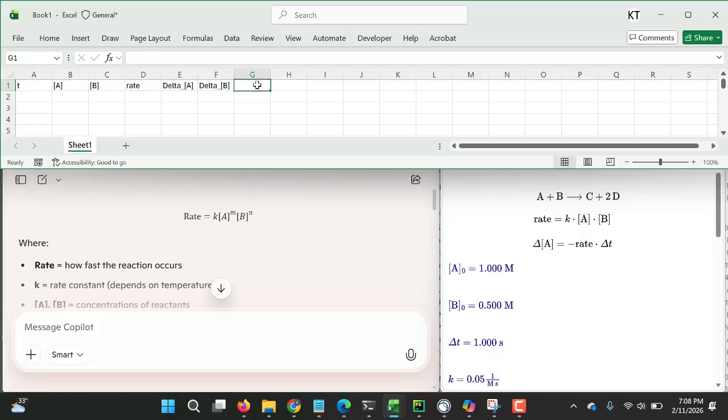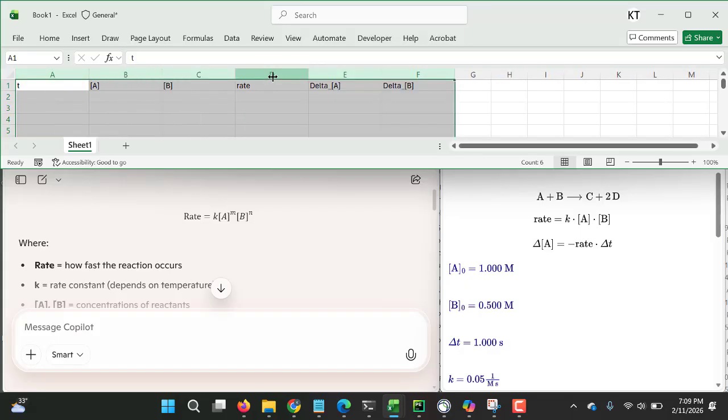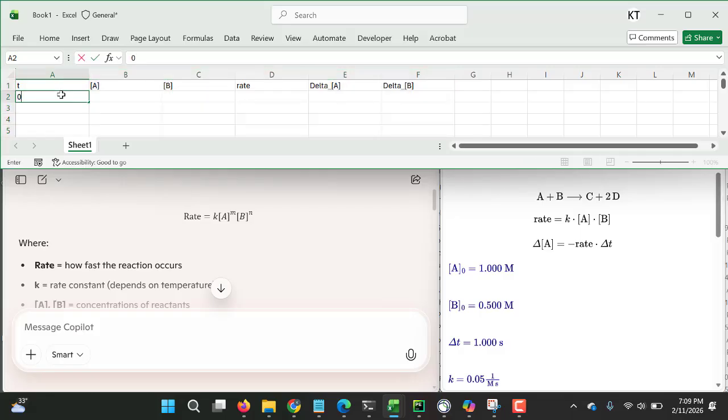And then we want to know, that's it. So we can give ourselves a little bit more space because there we go. Nice. I can put some things in. So always we'll start at 0, and these are concentrations we have in the instructions.